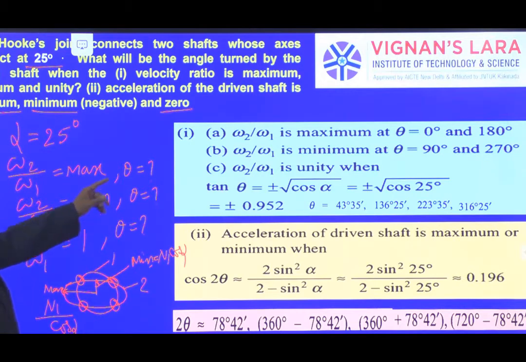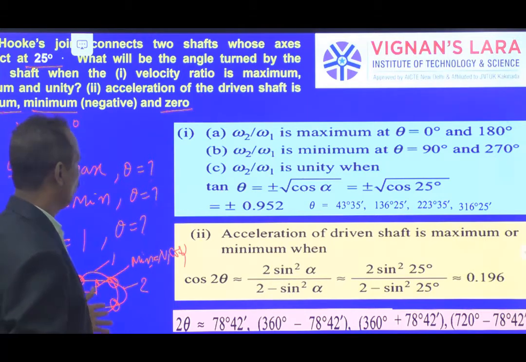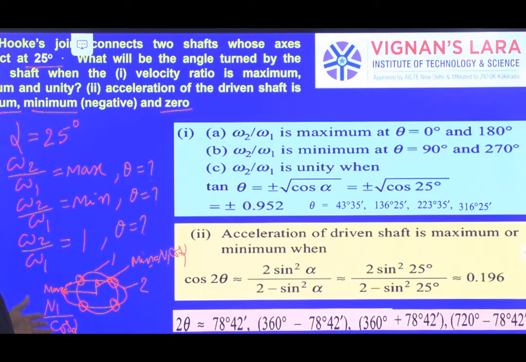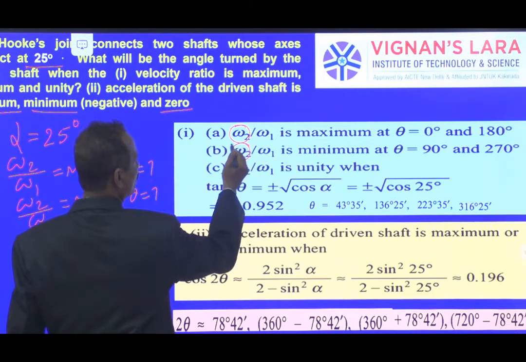So the first part is when ω2 by ω1 is maximum, and when ω2 by ω1 is minimum, isn't it? You can see here this is the point where the output is maximum. Input, of course, is not a variable, it is a constant, so automatically it indicates when ω2 is maximum and when ω2 is minimum.